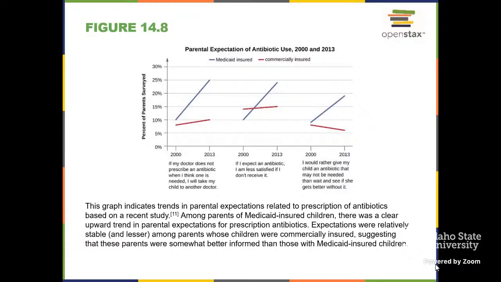This image talks about expectations of parents and antibiotic usage over two different timeframes, from 2000 to 2013. I feel like even at 2000, we should recognize that antibiotics are not effective for common colds. It doesn't matter who you are, we should be clued into some of these details.